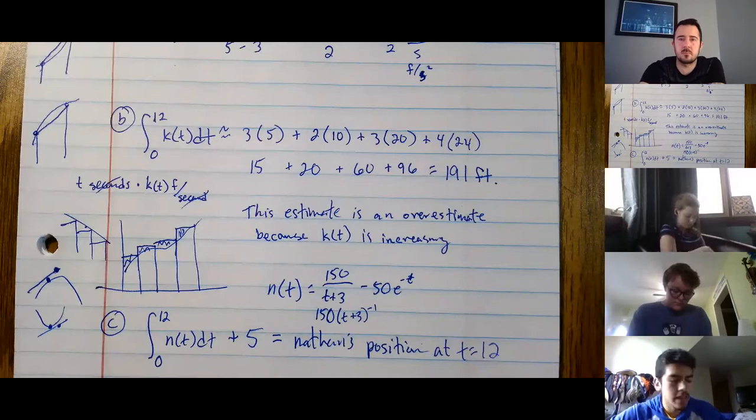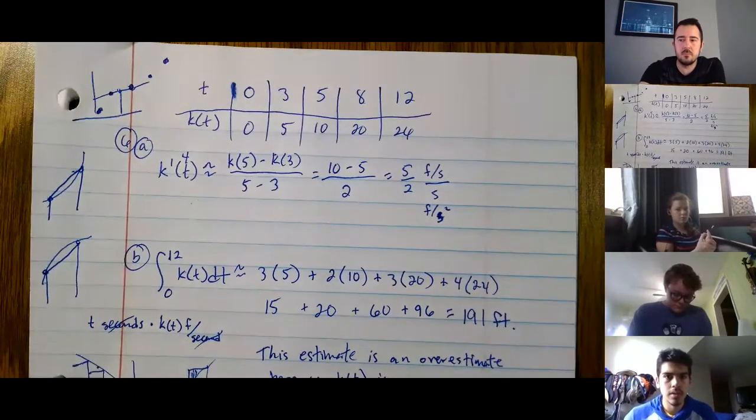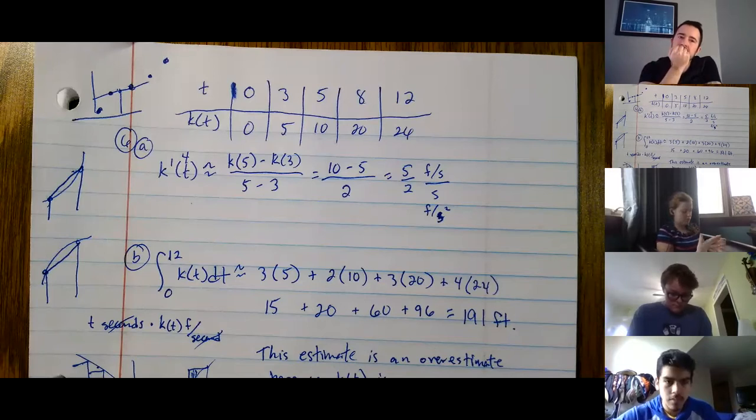So if we said that it was concave up, would that be wrong for this question? I don't believe you know that it's concave up. Okay. It says Kathleen's velocity, k, measured in feet per second, is differentiable and increasing. So all you know is that k is increasing, so that means its derivative is positive.